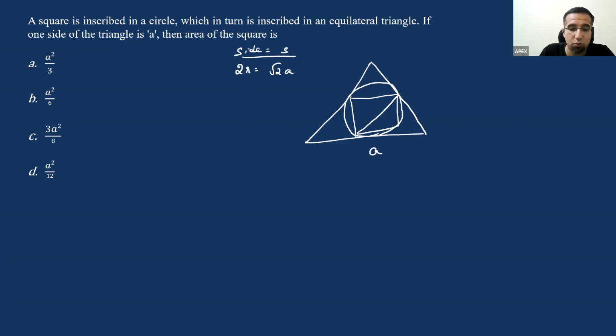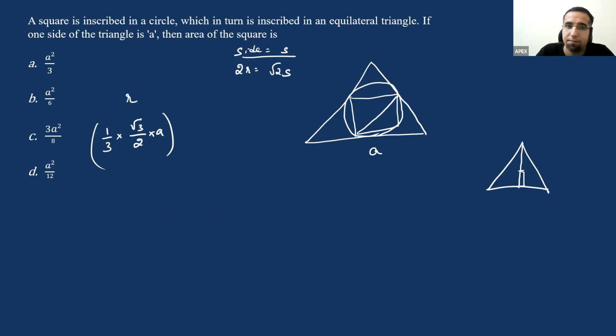Okay, now the inradius, because the circle is inscribed, the inradius of an equilateral triangle is root 3 by 2 into A is the median, that is the height, and that's the lower part. So if it's an equilateral triangle, this is my height, median and all, and this is my centroid. So this becomes my inradius. That is the centroid divides the median in the ratio of 2 is to 1. So 1 by 3 of this is equal to the value of R.